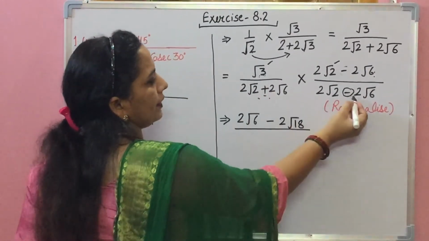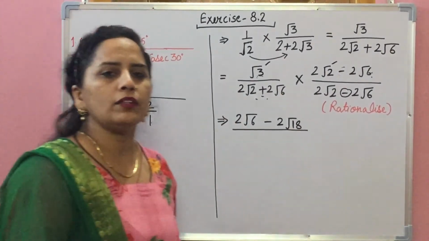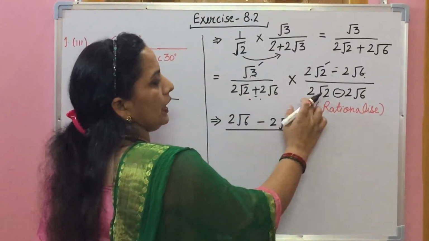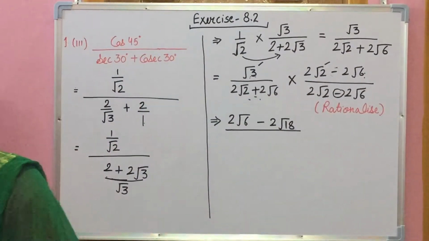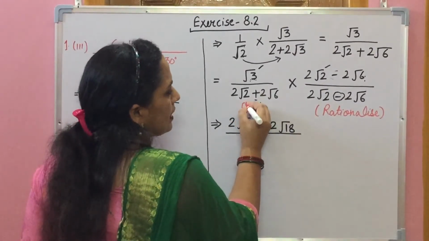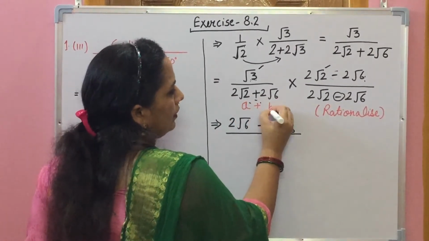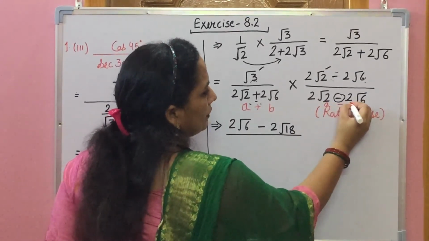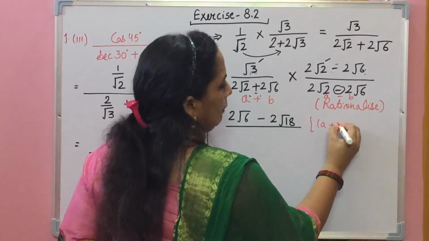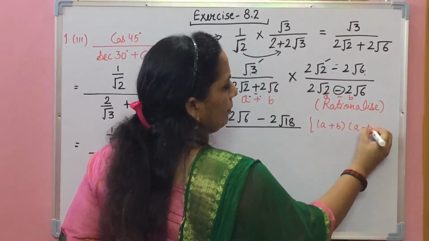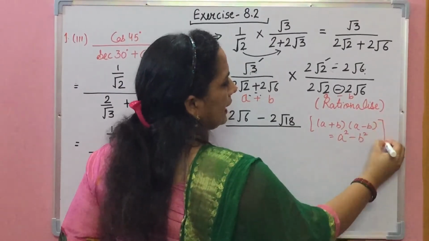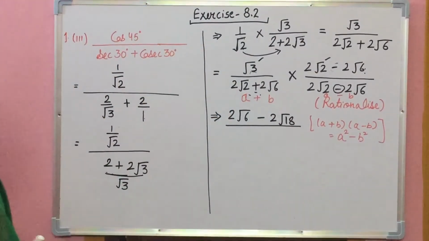In the denominator, after rationalization, always an identity is formed here: a plus b times a minus b, which is equal to a square minus b square. This is our a, this is our b. So we have here the identity a plus b and a minus b, which is equal to a square minus b square.